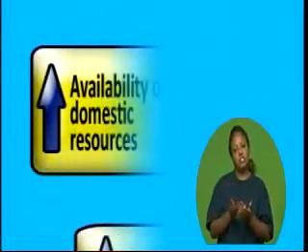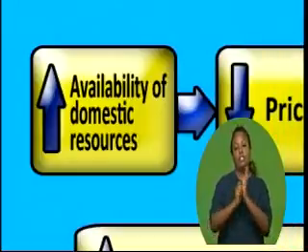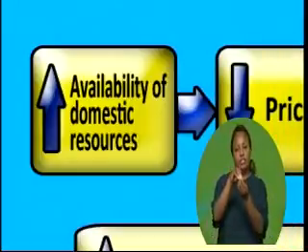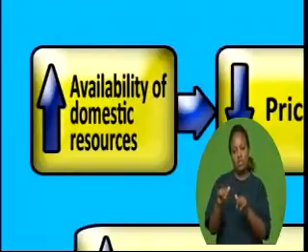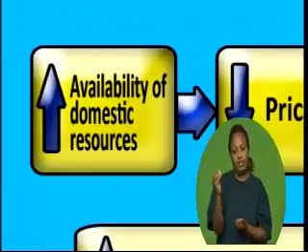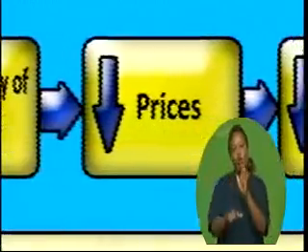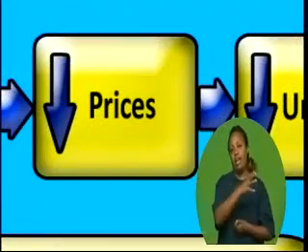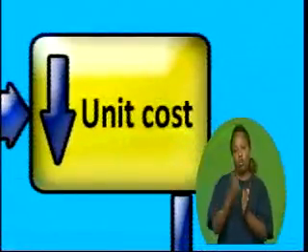A number of factors influence input prices. For instance, increases in the availability of domestic resources such as land, labor, capital, and entrepreneurial ability lead to lower input prices and decrease per unit production costs.